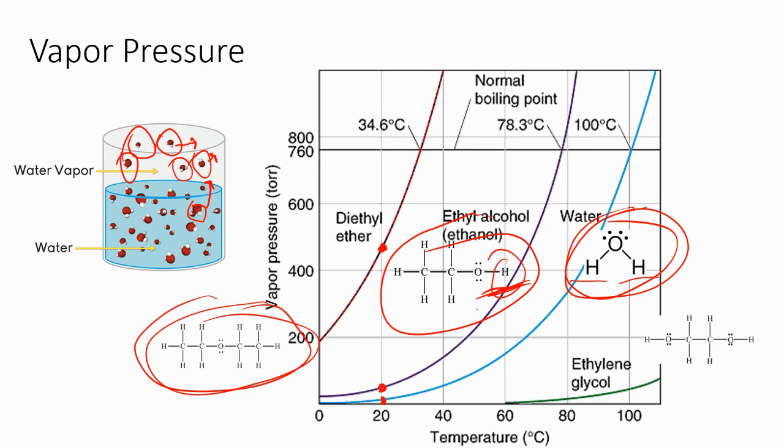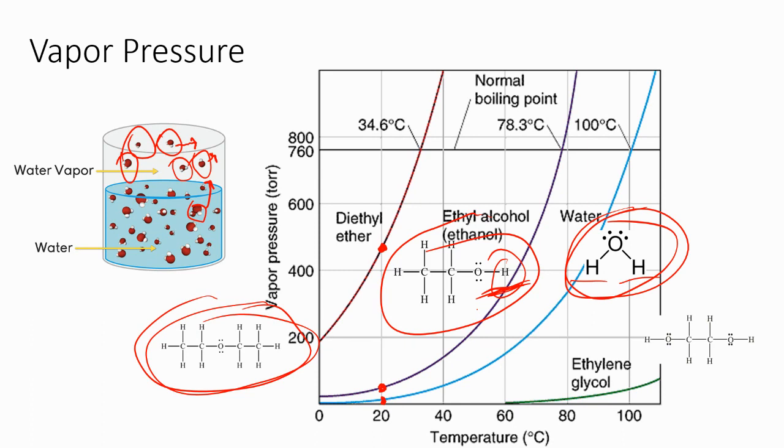Well, none of the H's in diethyl ether are capable of making a hydrogen bond. They are not directly connected to O, N, or F. And so we don't expect diethyl ether to make hydrogen bonds. Therefore, it's got weaker dipole-dipole interactions and a higher vapor pressure. It's easier for diethyl ether molecules to get to the gas phase.